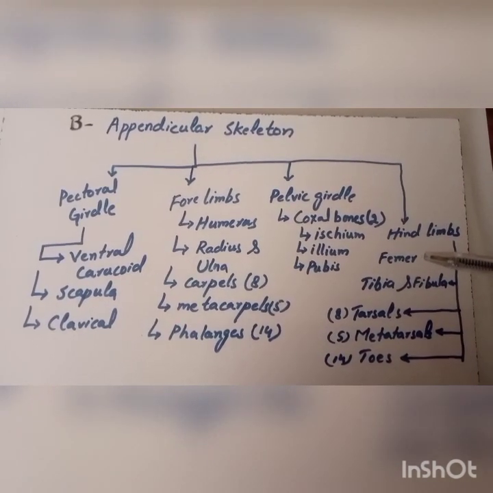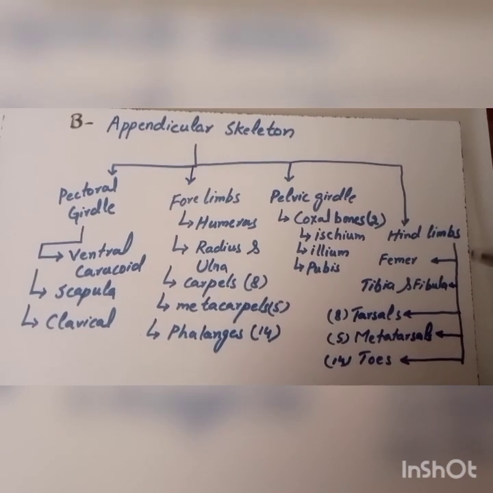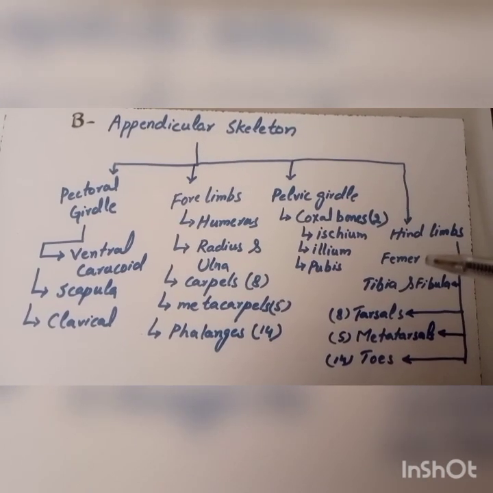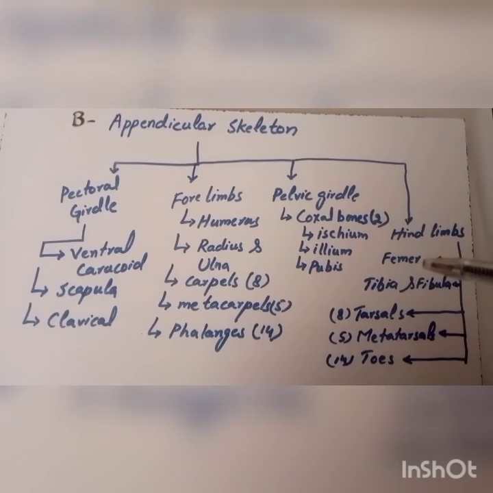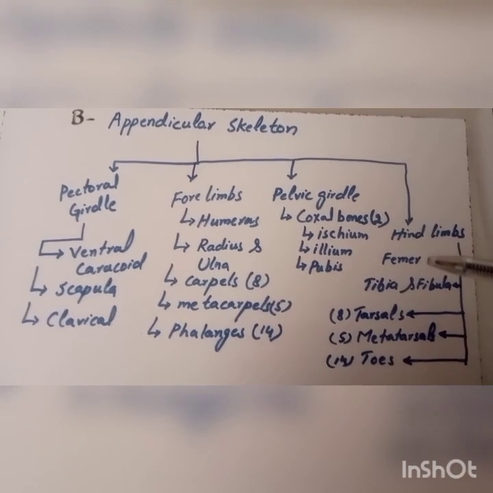Hind limbs consist of thigh, shank, ankle and foot. In the hind limb there is a long single bone known as femur that is present in the thigh region.